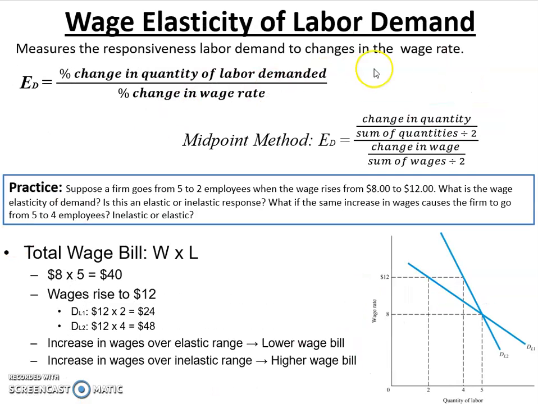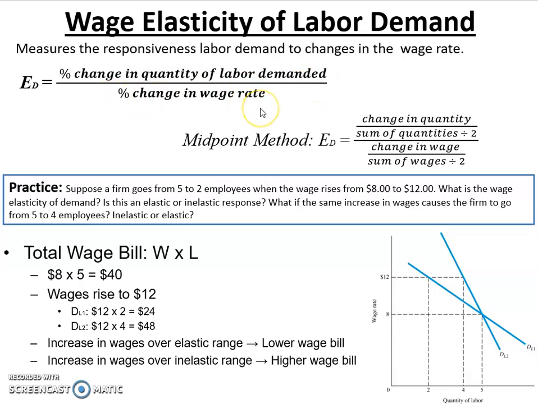Now let's talk about the wage elasticity of labor demand. In a previous chapter, we discussed the wage elasticity of labor supply. And you're going to see that it's the same formula, but instead of plugging in the percentage change in quantity supplied of labor, we put the percentage change in quantity demanded in the numerator.